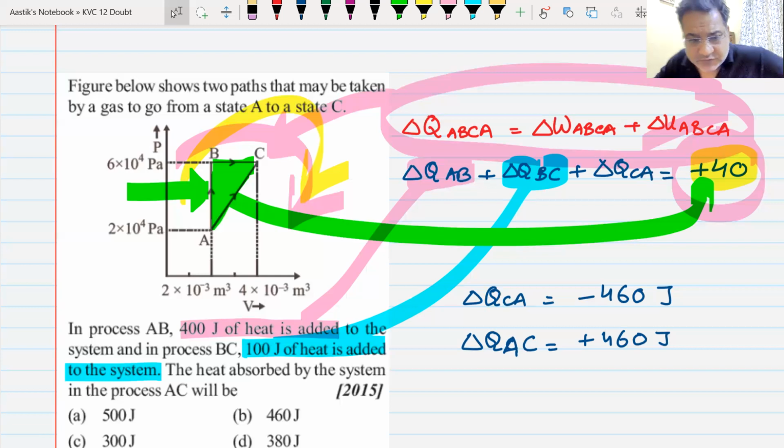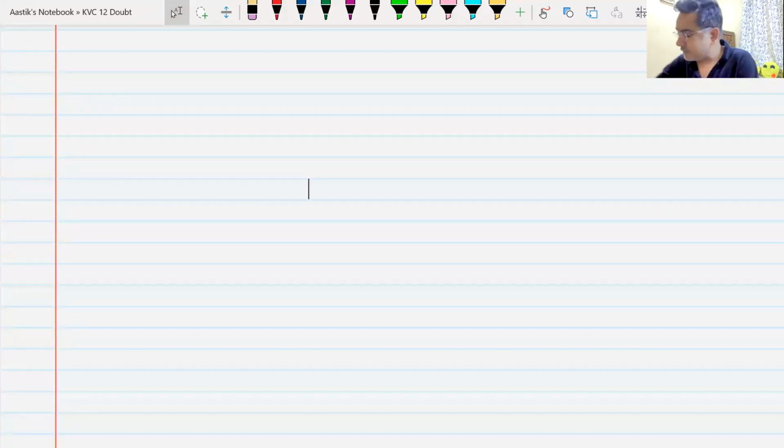The first of these processes is known as the isothermal process. So we will now go through this isothermal process and note down all the points.